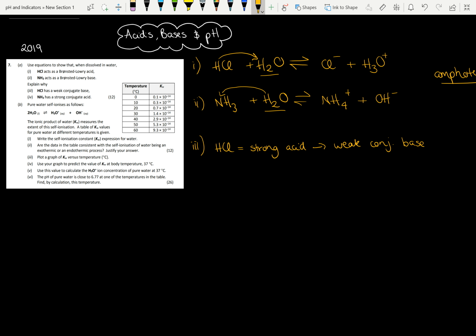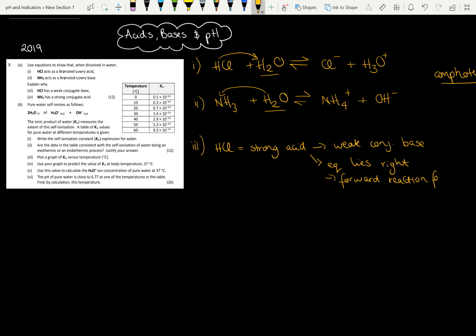if it's a strong acid, that means that the equilibrium lies on the right, because we know it almost fully dissociates, or our definition by Arrhenius is that it fully dissociates. So the equilibrium lies on the right, the forward reaction is favoured, and we get lots of our products produced.